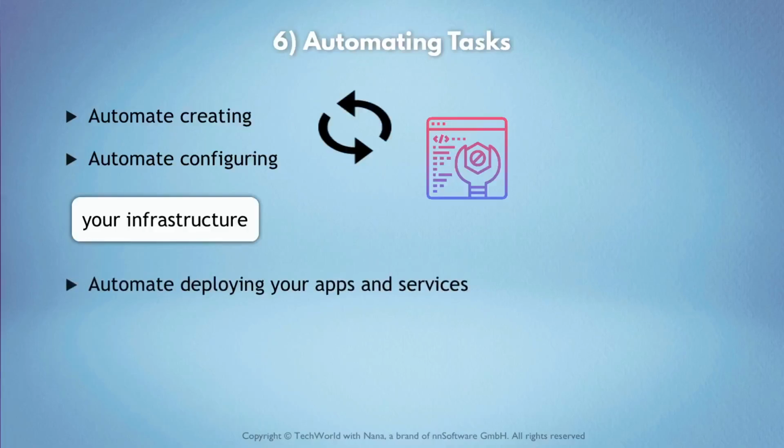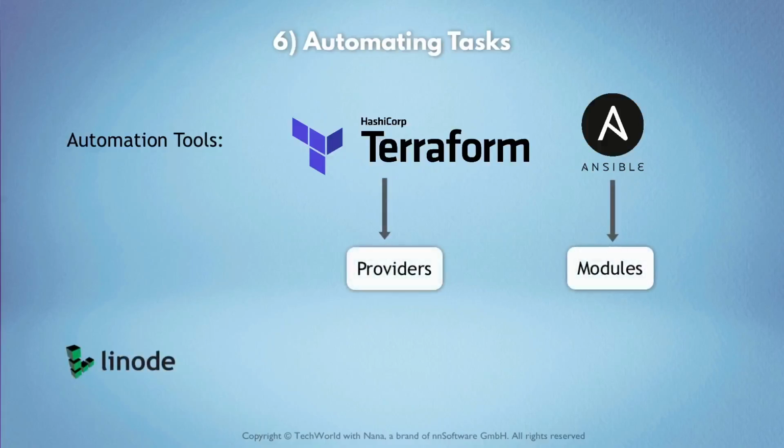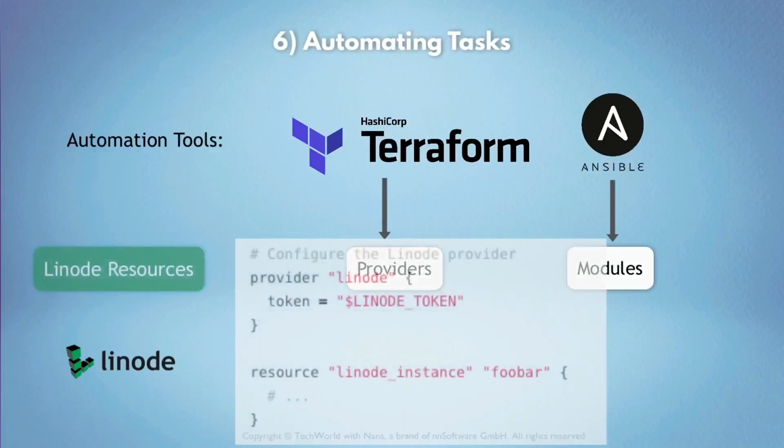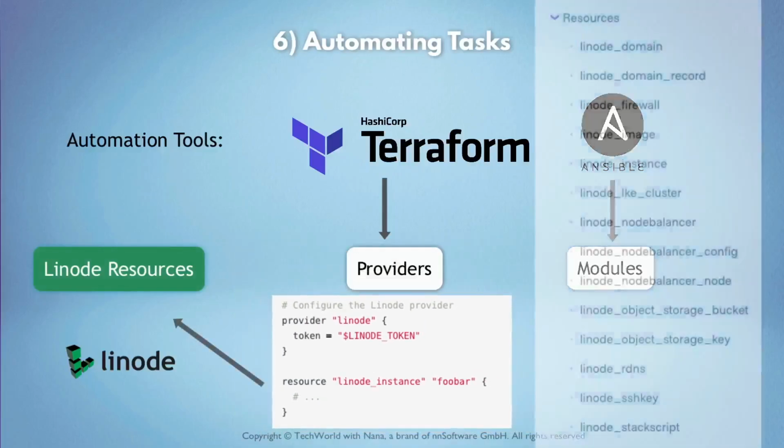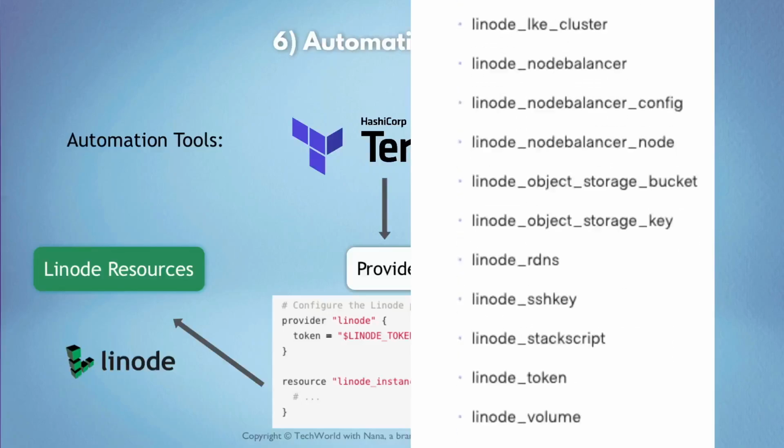And you can do that using automation tools. So for example, tools like Terraform or Ansible, which are automation tools, have modules or providers or whatever they're called in their respective tool that can connect to the Linode platform to get access to its resources and then let you automate your DevOps work, to again save time and work more efficiently.